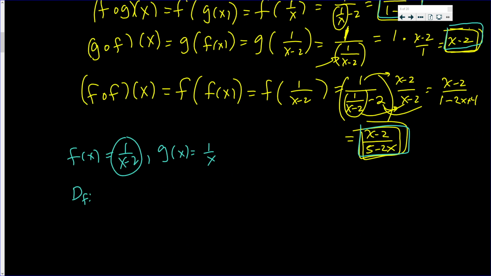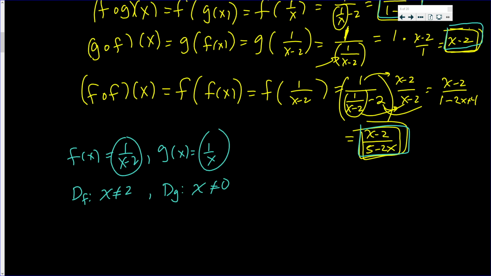We're dividing. Oh, we can't divide by 0. That is, x can't be 2, because 2 minus 2 would be 0. And the domain of the g function is, oh, it's a division. The bottom cannot be 0. That is, x cannot be 0.